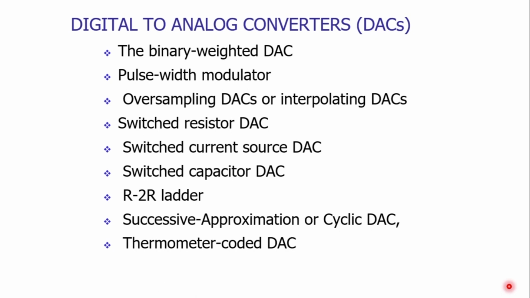Out of all these, we have already seen the pulse width modulator in our previous lecture. In this lecture, we will be studying the binary weighted DAC, and how it is useful to convert the digital signals into its equivalent analog output signal.